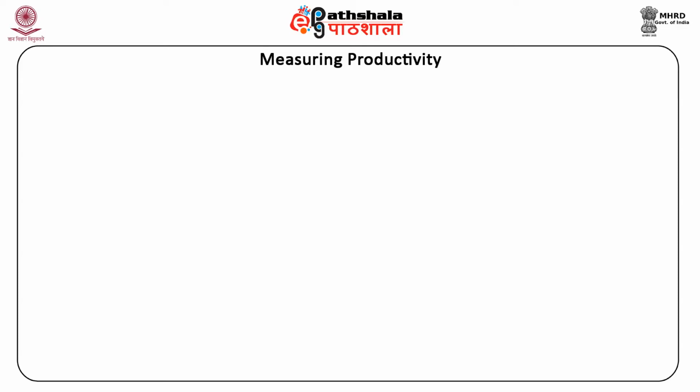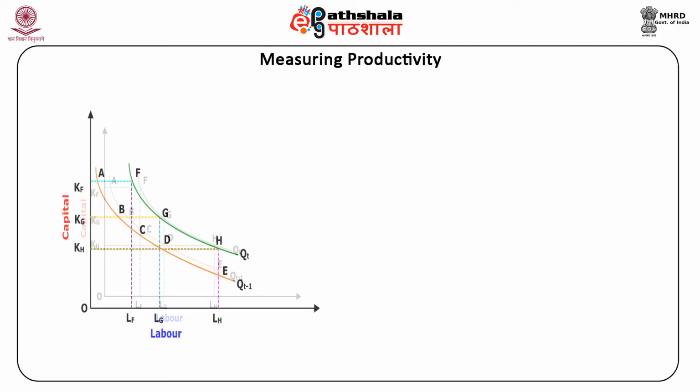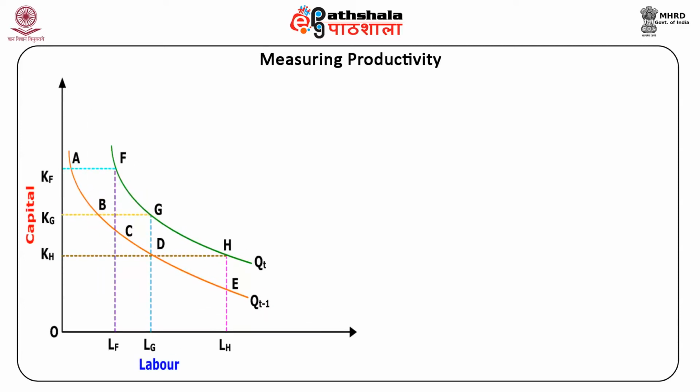Both labor and capital productivity relate output to a single factor only, neglecting the contribution by the other factors. The total productivity, however, relates the output to the combination of both inputs. Figure 3 presents the measurement for each of the three indicators.